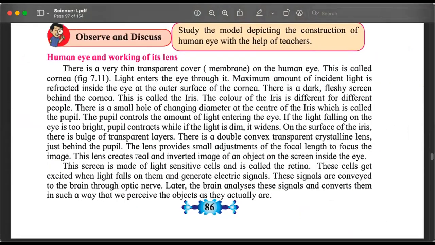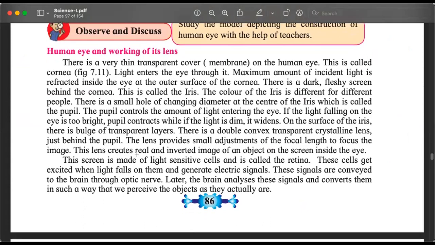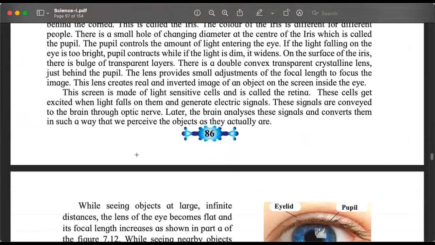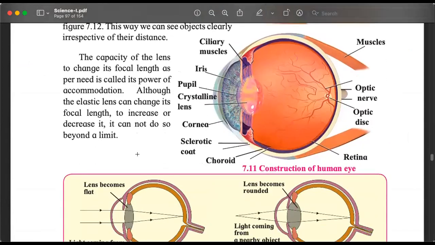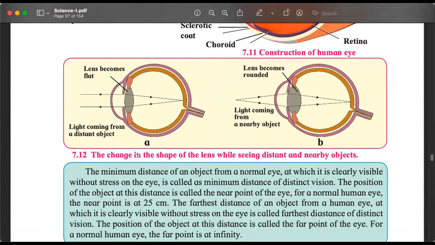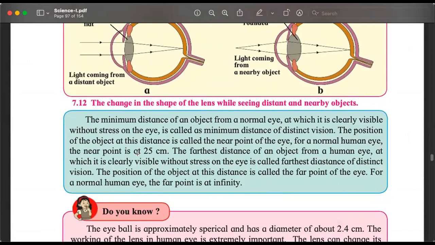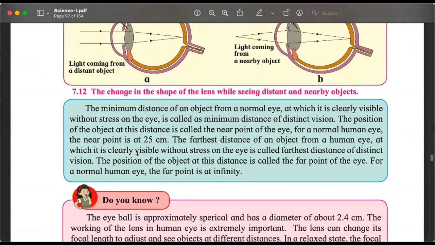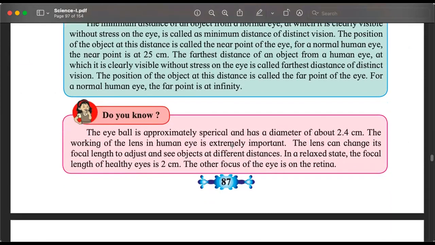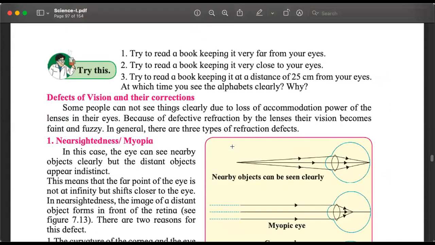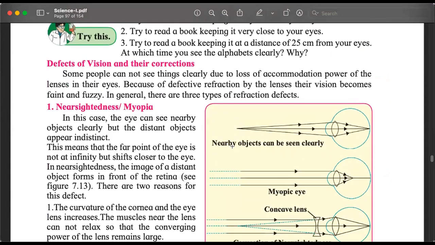So this is what we studied today, page number 86. We understood how the eye works, what it is, what are the different parts of the eye, power of accommodation, distance of distinct vision, both the near point and the far point, and the shape and size of the eyeball. Then we understood the different defects of vision and their correction.